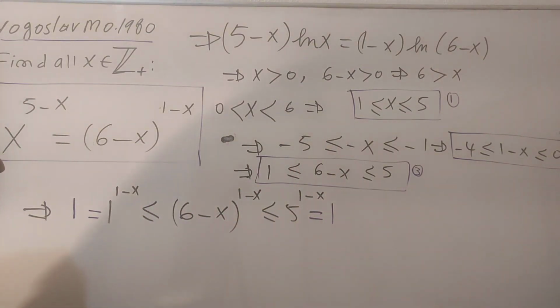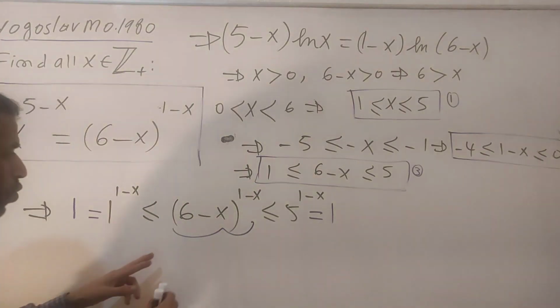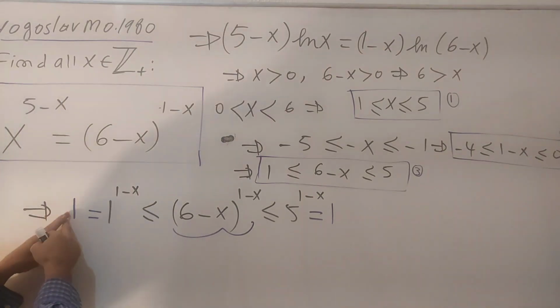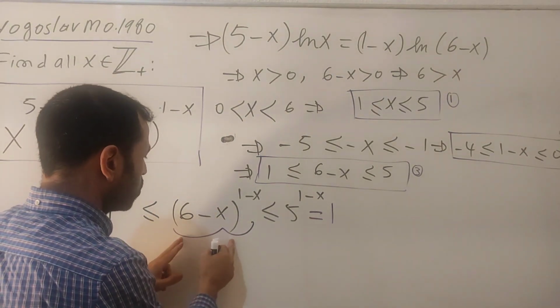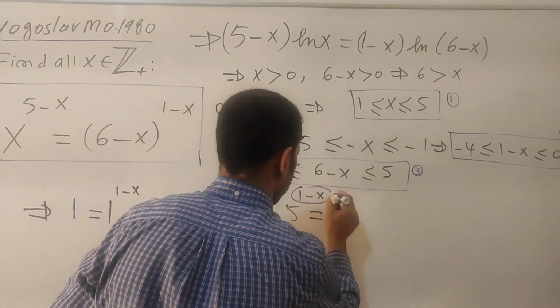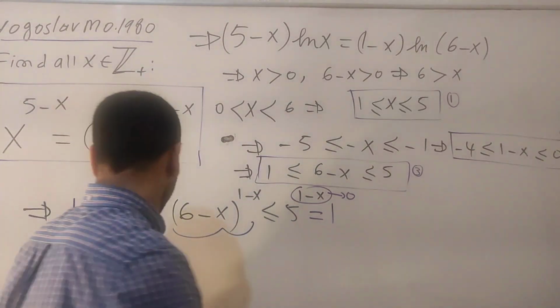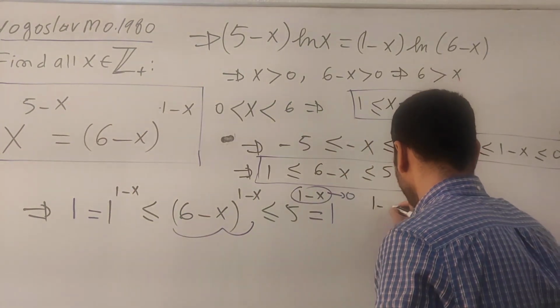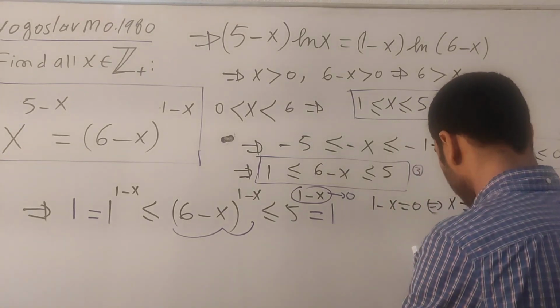So the expression is squeezed between two integers, 1 and 1, which means it equals 1 and the exponent must be 0. Now we solve our equation. We get 1 minus x equals 0, which gives the solution x equals 1.